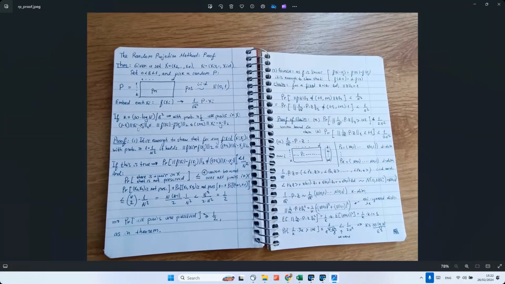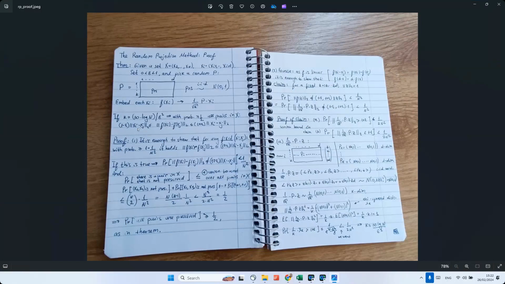We can consider a fixed vector z of d coordinates of a unit norm, and show that for a fixed vector z of unit norm, the probability that its length is preserved is very, very high.